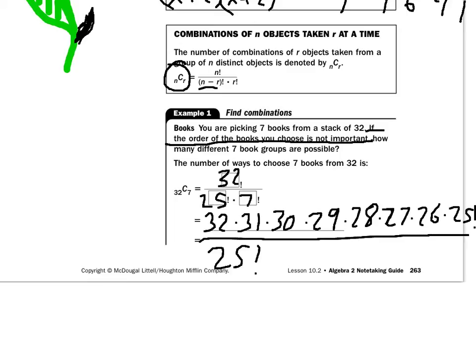So I'm going to change colors here real quick. Those things will cross out. Okay, and then I have a times 7 factorial right there. And if you put all that in your calculator, you would get 3,365,856. And we'll talk more about that.